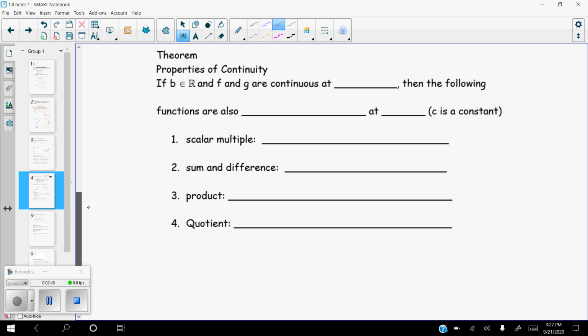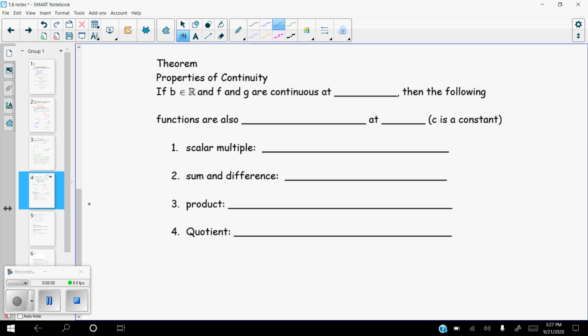All right, so there's a theorem here. Properties of continuity. Some notation that you've probably never seen before. If B is an element of, that's what this means, that capital fancy looking R means all real numbers.